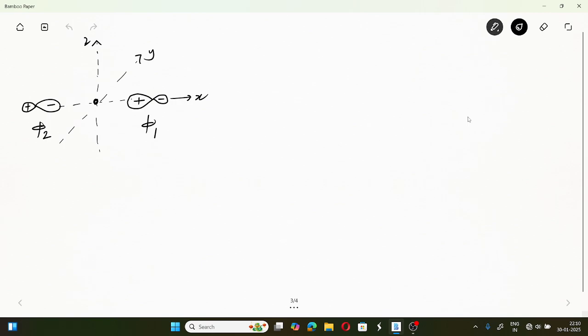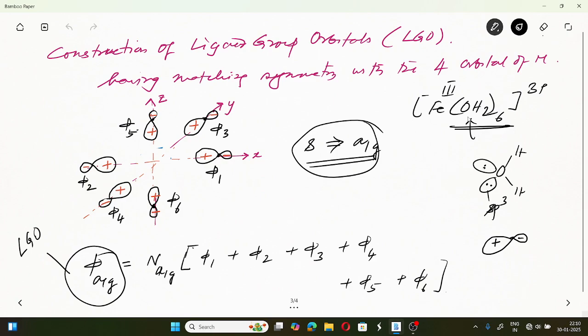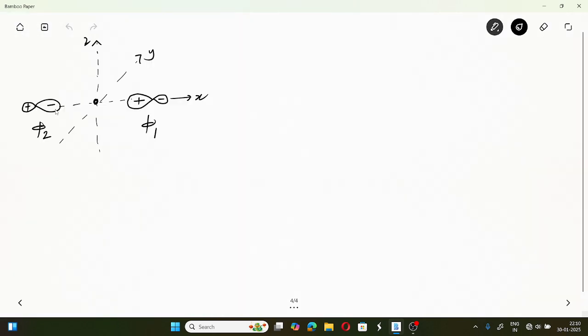See, in our previous example, this side was positive, this side was negative, and that's why we named it phi 2. But in this case, we have just reversed the phase. So we should name it as minus phi 2 because the phase is just reversed.